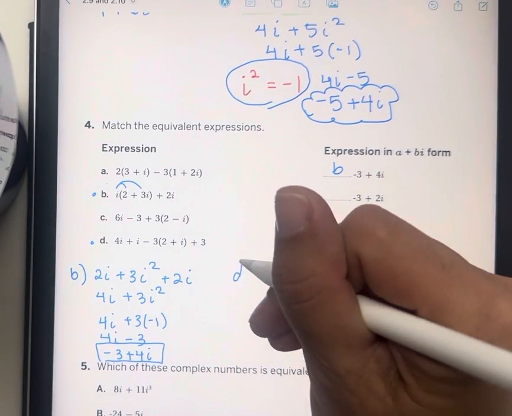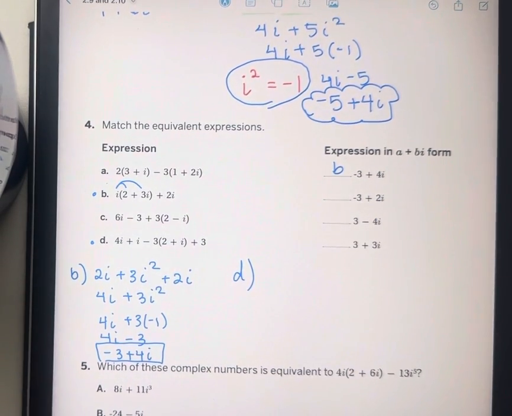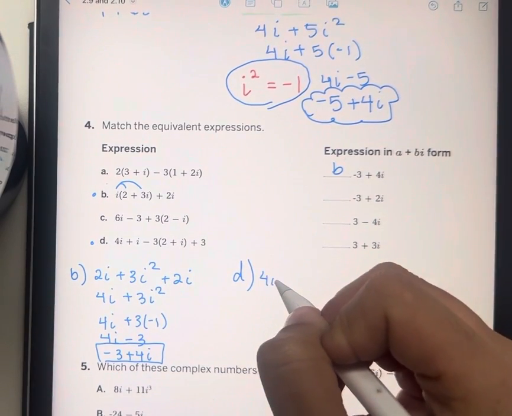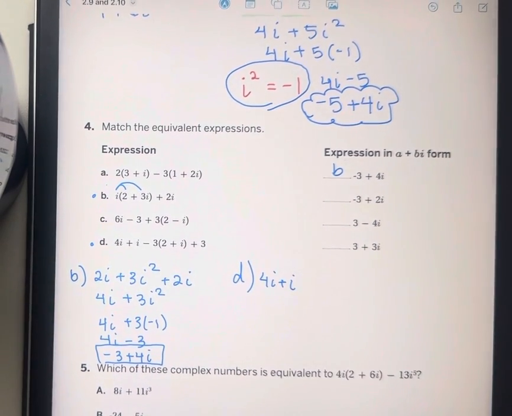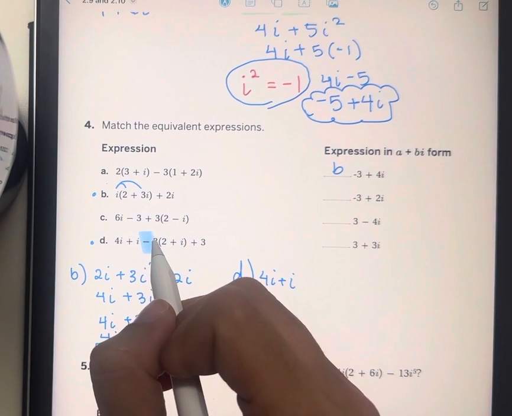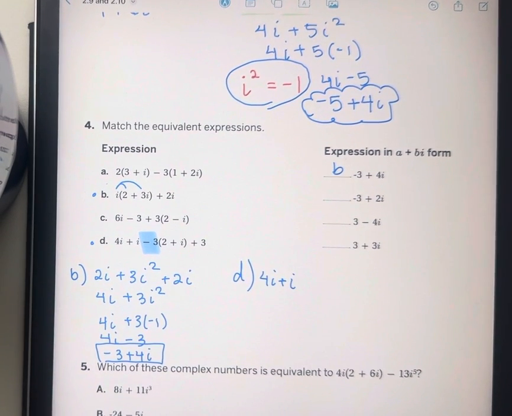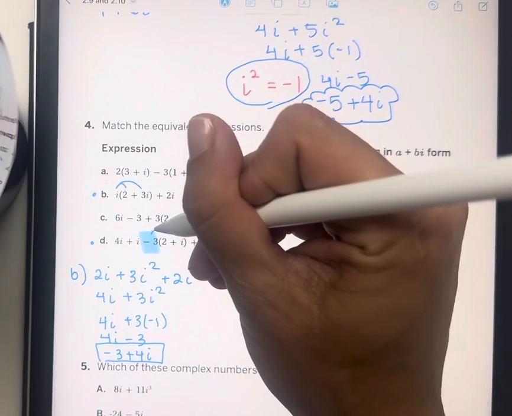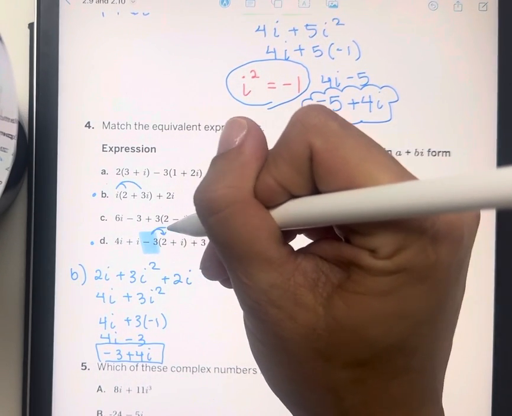I'll also do D before we move on. So for D, I have 4i plus i. Look at this negative 3 that I have to distribute. You do have to distribute the negatives, you guys. This is a big place where we make mistakes.